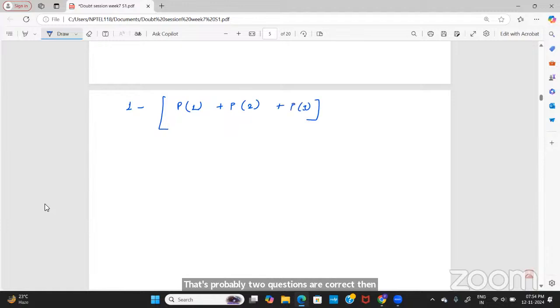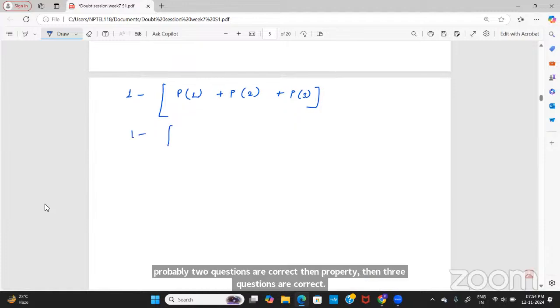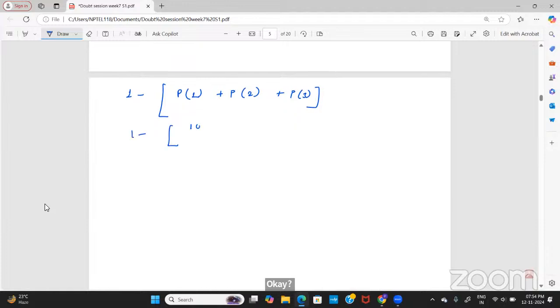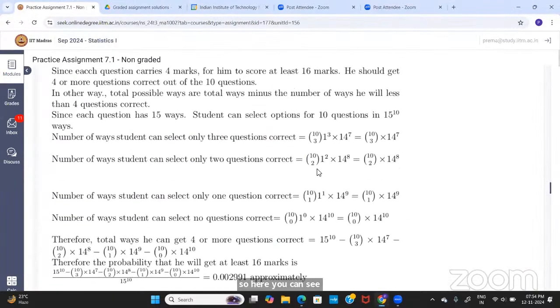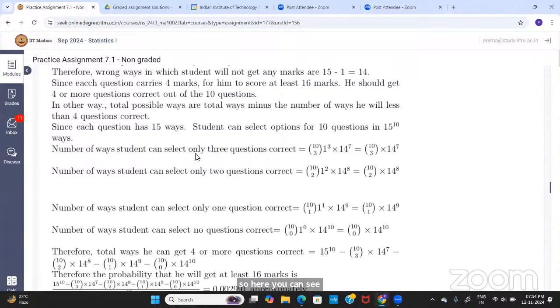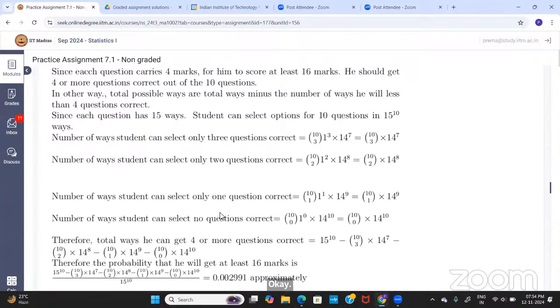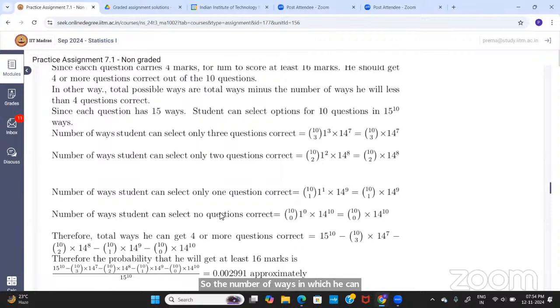So out of these 10, the number of ways in which she can select 3 questions will be 10C3.